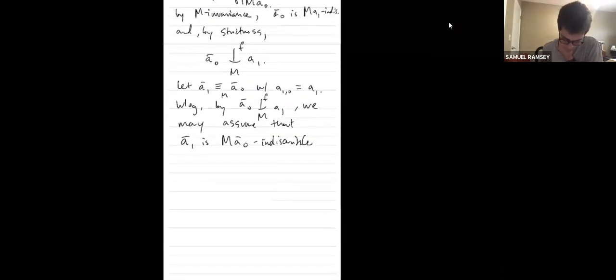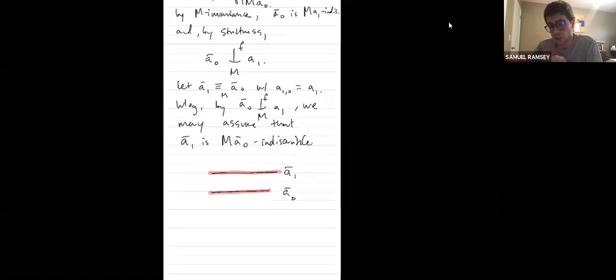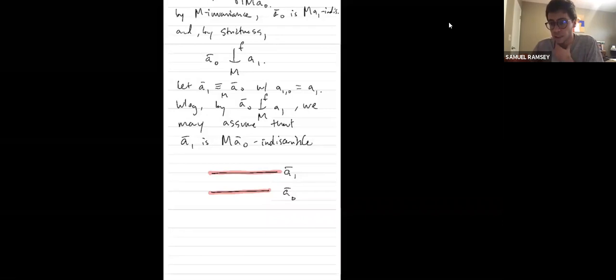So what does this look like? We've got A bar 0 and A bar 1. What we know is that both of these rows are inconsistent, because that's how A bar 0 was chosen. And we also said that A bar 1 realizes the same type as A bar 0 over M. So both of these rows are inconsistent.